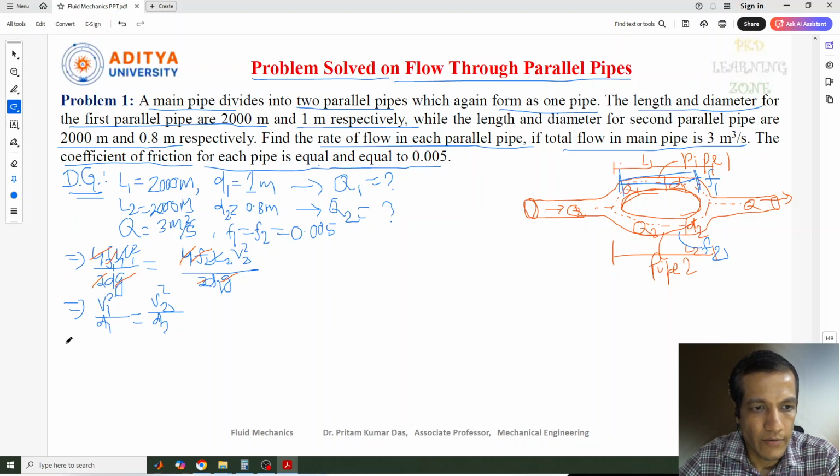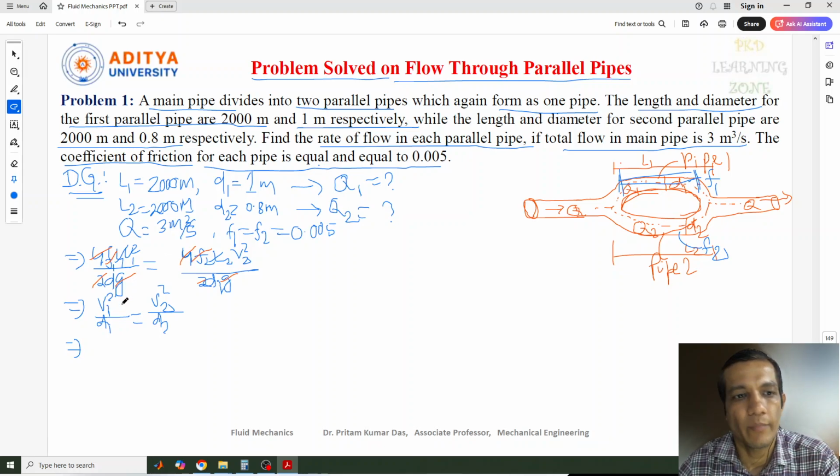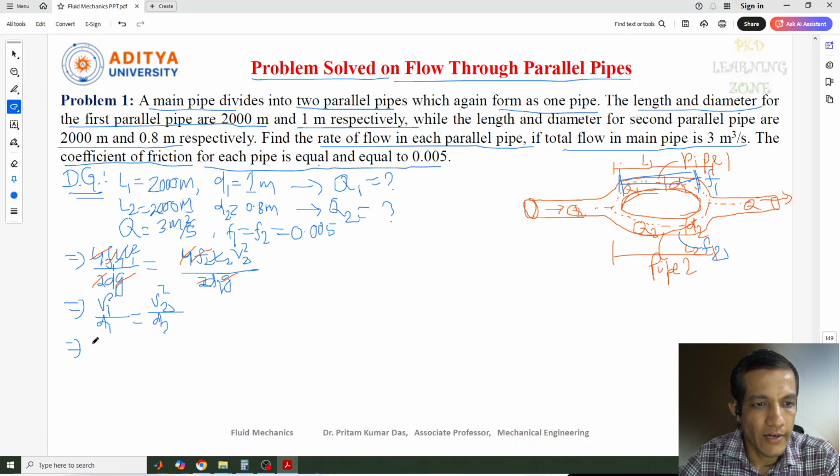Now if you see here, velocity values are not given. So my intention is to identify some value of V1 or V2, then put V1 and V2 in terms of the discharge equation, Q equal to AV. Now D1 value is 1, so there is no impact on that 1.